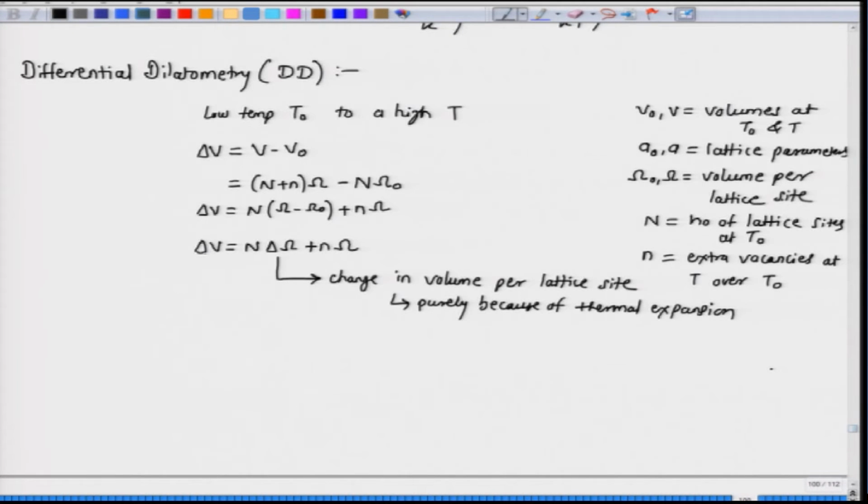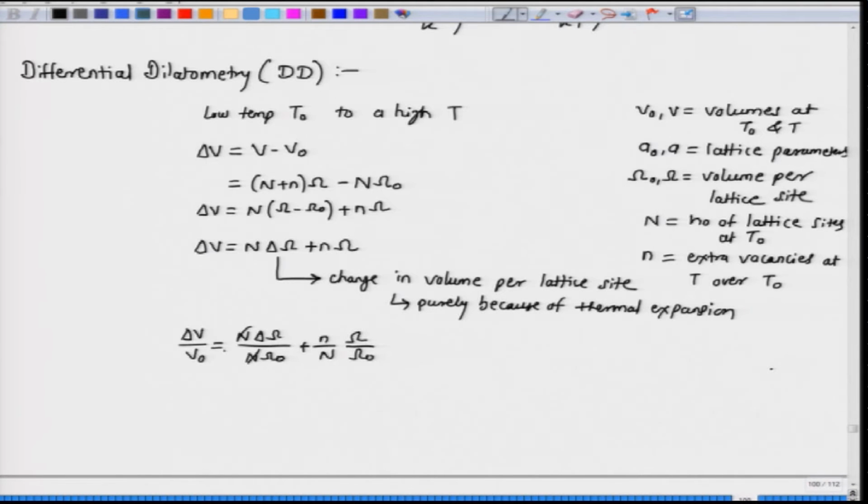So, now if we divide both the sides of this equation by the original volume V 0, and V 0 is nothing but N times omega 0, plus n over N times omega over omega 0.